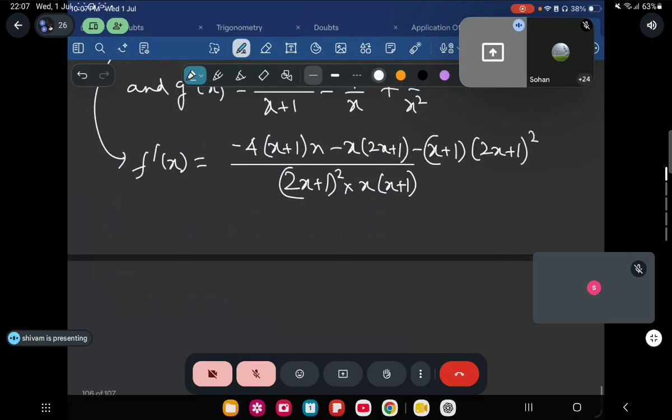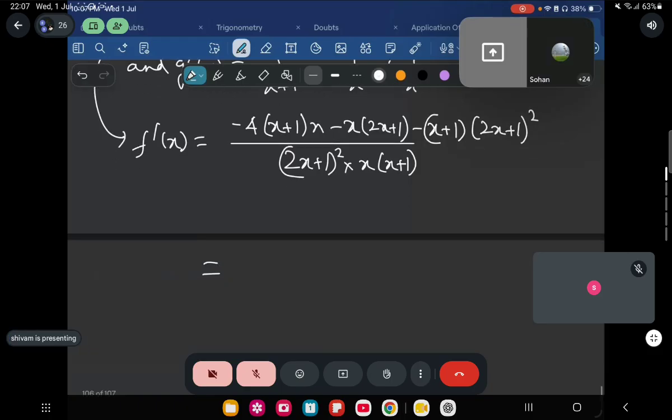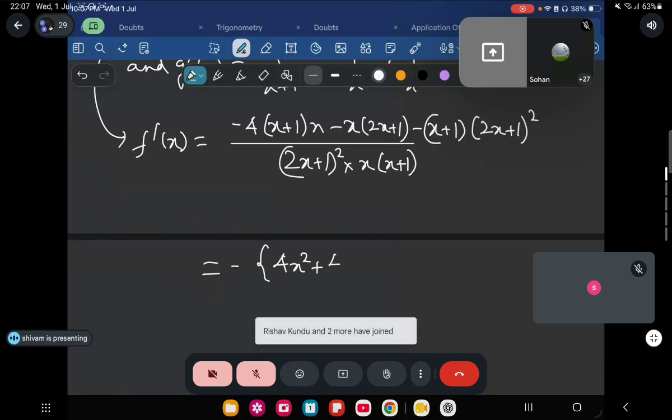If you have any doubt, you can ask me. Next, let us simplify the numerator. Taking minus common, within brackets, what are we getting? 4 into x square plus x, so it will become 4x square plus 4x. All are positive.